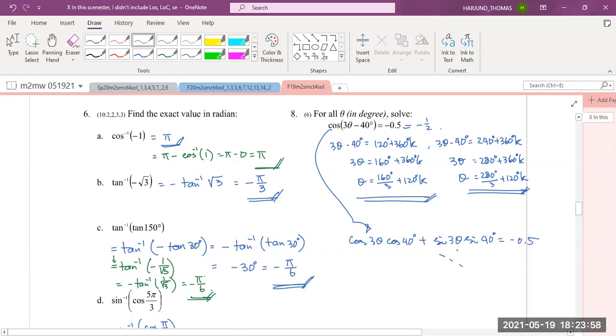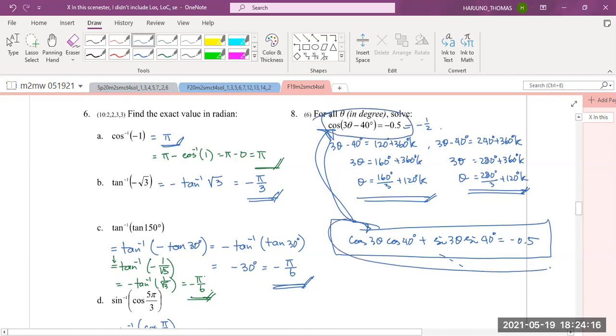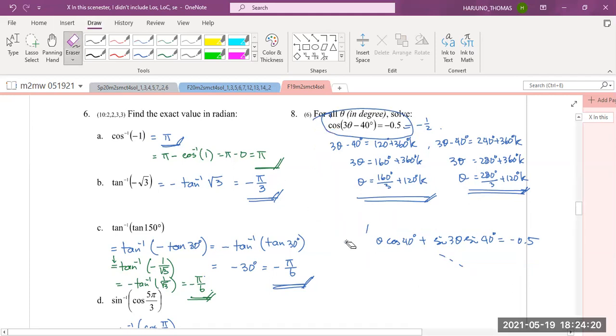In fact, imagine in your next test, I ask you this question instead, and I expect your next step should be this. Does that make sense? So I hide this question behind this. Imagine if I do that, okay? That's for number 8. Let's go on.